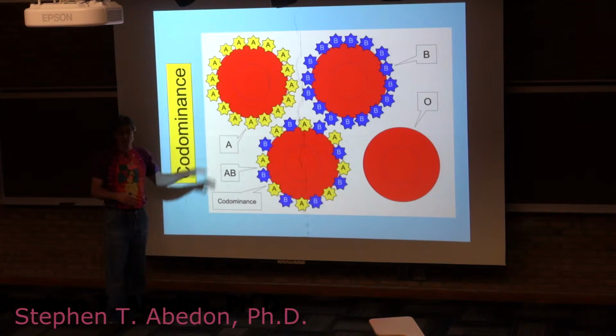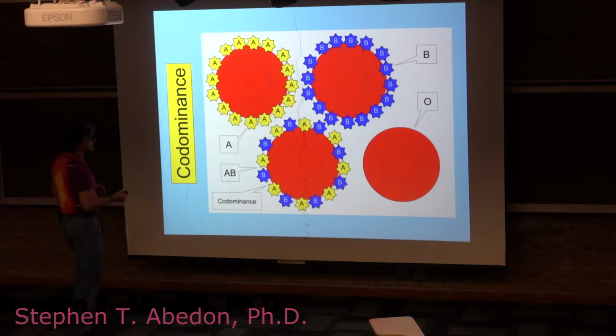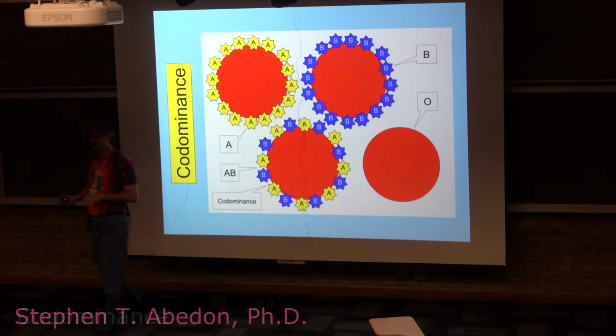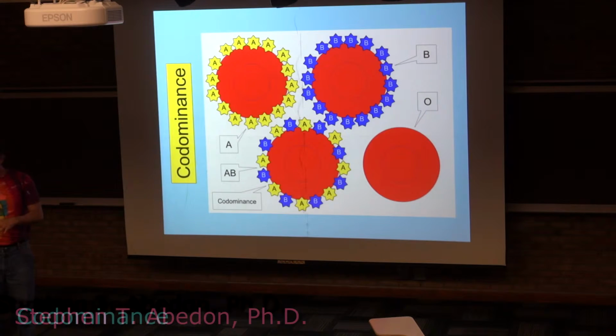And you see this traditionally in the ABO blood grouping. So this is our blood typing. In ABO blood typing, what you have are what are known as antigens on the surface of red blood cells. The antigens happen to be carbohydrates that are products of enzymes.